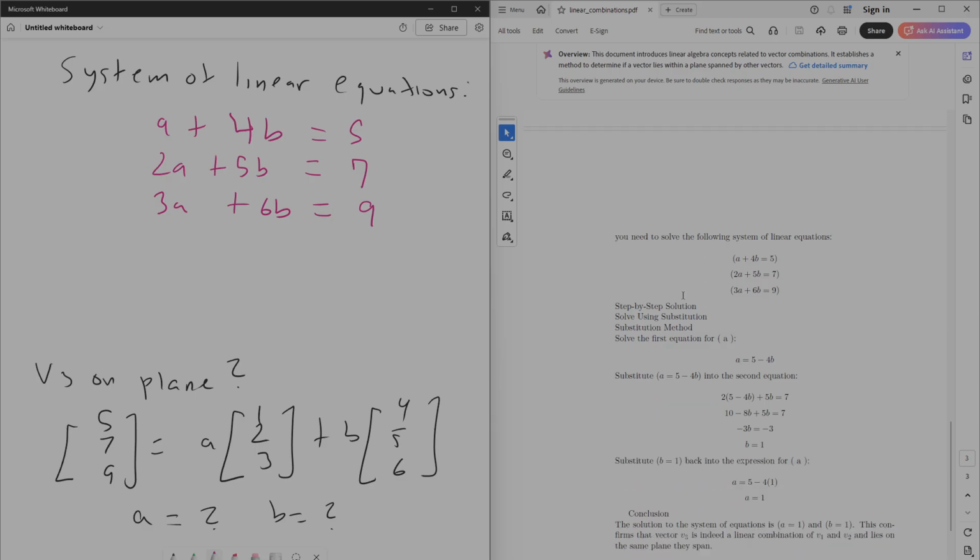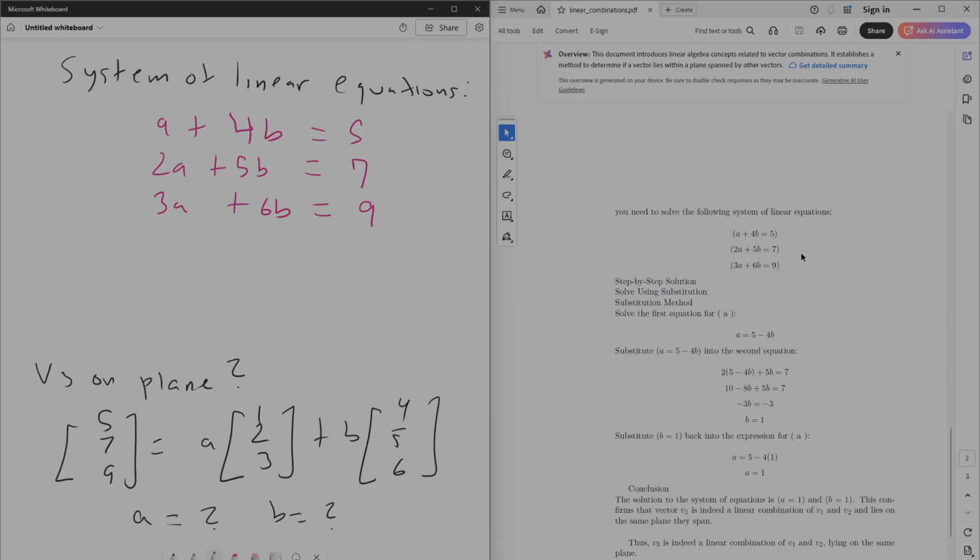We can solve this system using the substitution method. We can solve for a in the first equation and get a equals 5 minus 4b, and then substitute that in the second equation, 2a plus 5b equals 7.